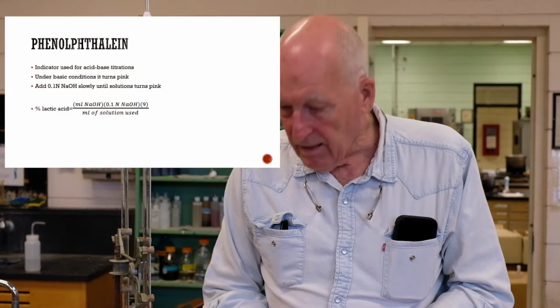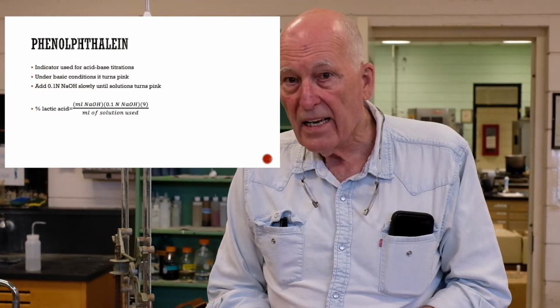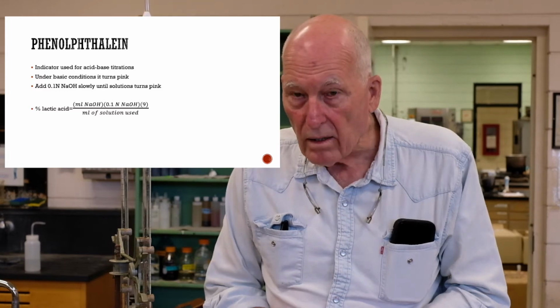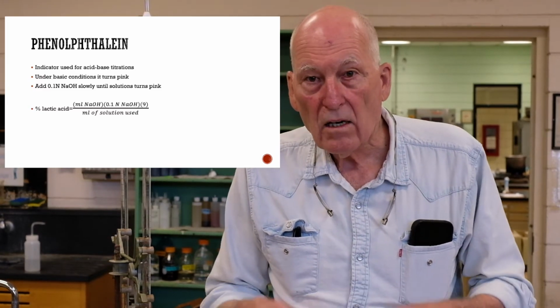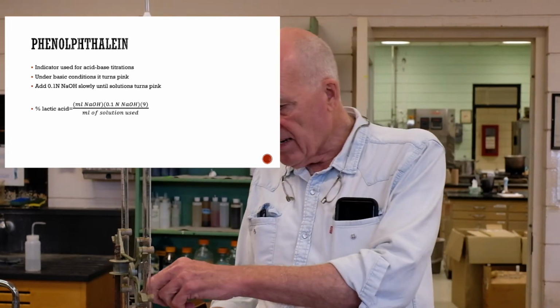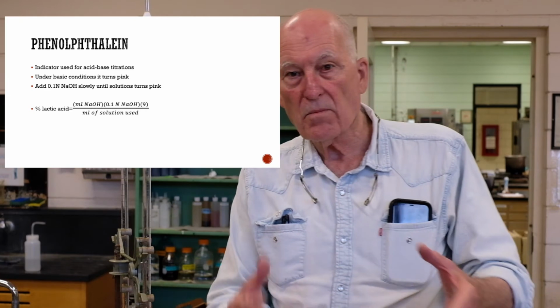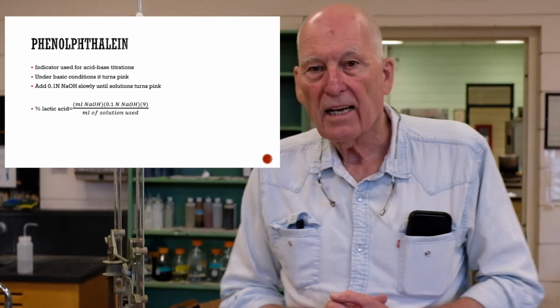We're going to use an indicator called phenolphthalein, which is colorless until you get to the titration endpoint, and then it turns pink or red. So that tells us the volume that we use. We've got a formula that I'm going to explain to you, and I'm just going to say it out loud because you're going to see it again.